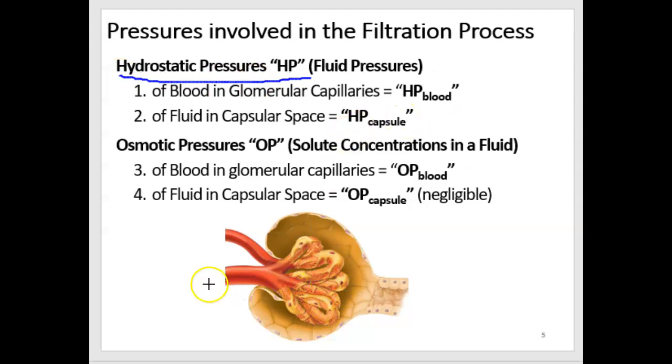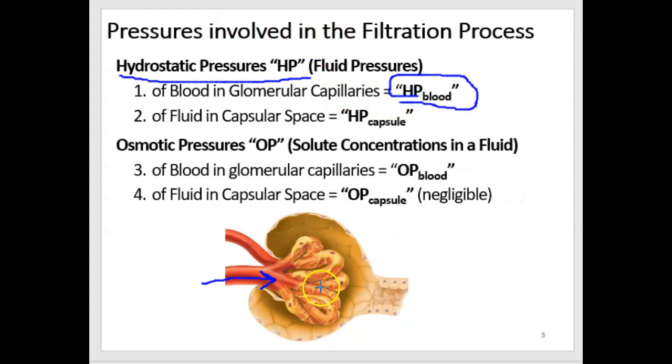The first of these is just plain old blood pressure. And that would be the same as systemic or mean arterial blood pressure. So it'll fluctuate, right? Systolic to diastolic, systolic to diastolic. So we call this hydrostatic pressure of the blood.